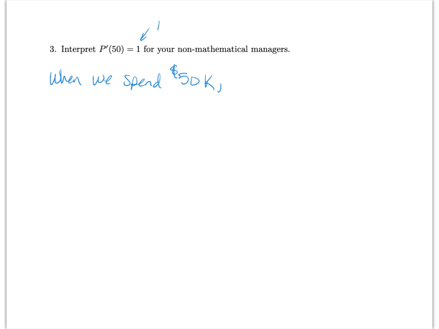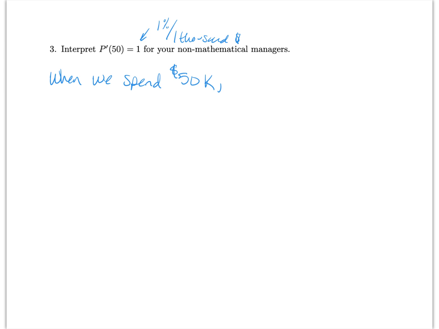This is 1% per $1,000. So you get an additional 1% approval for an increase in $1,000 spent. And I should not have said every, right? I caught myself right there.